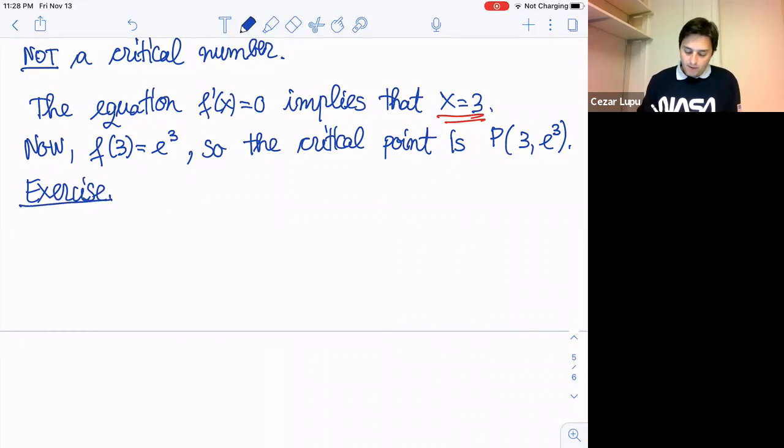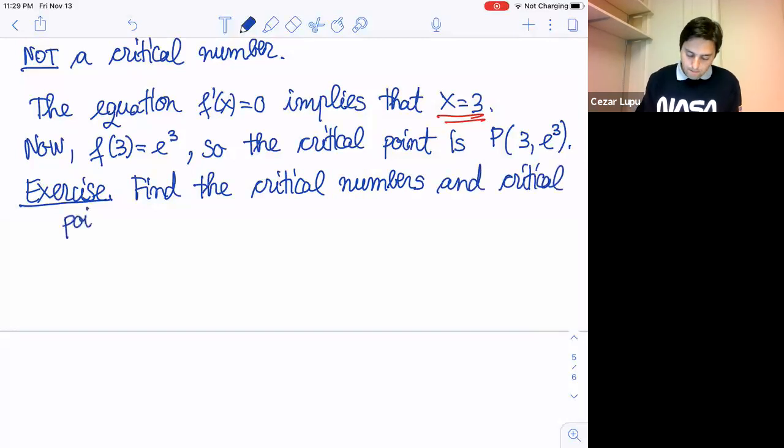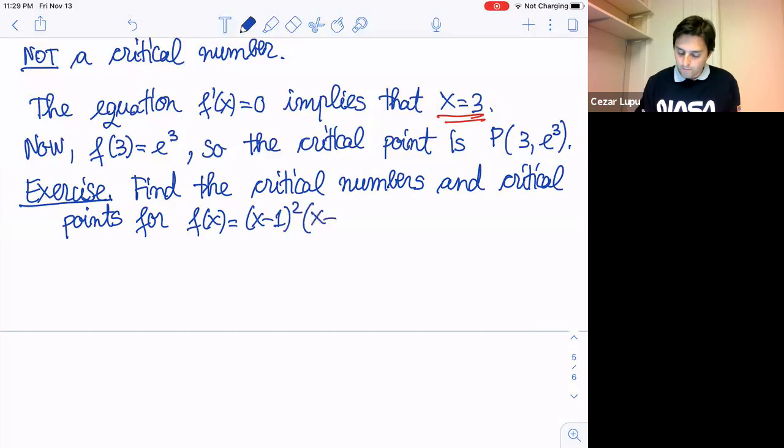Let's just say we have this function. So find the critical numbers and critical points for this function, for f of x is x minus 1 squared times x plus 2.